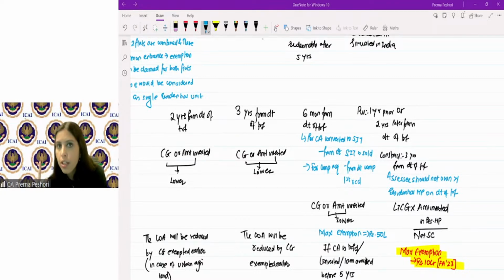So he should not own more than one residential house property. He is investing in this house property, but he should not purchase any other residential house within 2 years or construct any other house within the 3-year period.